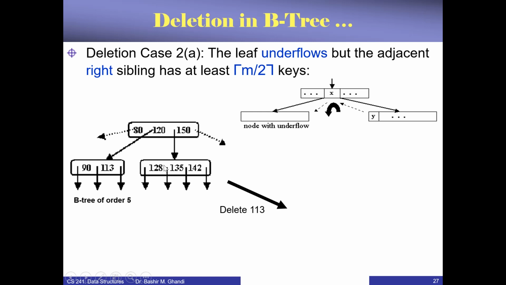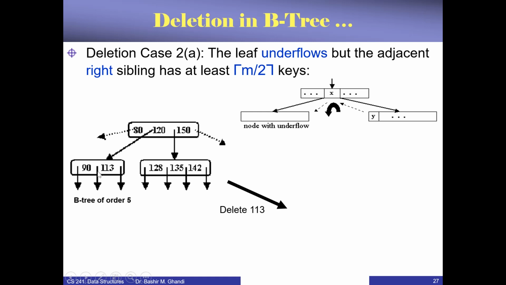So what you do is you borrow this 128, the leftmost element in the right sibling, so that this node will be left with only 135 and 142. But you don't borrow it directly to the node, no. You make it go and replace the parent. So the parent will now be 128, and the current parent will come down to join the node that we are deleting from.